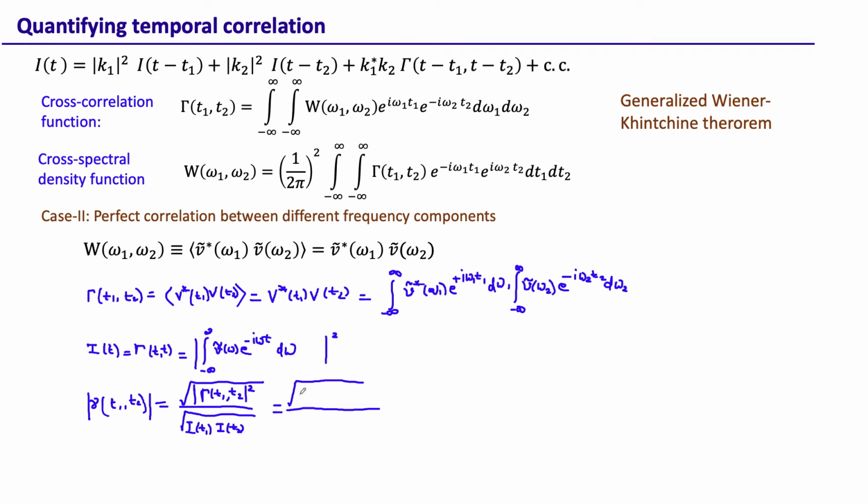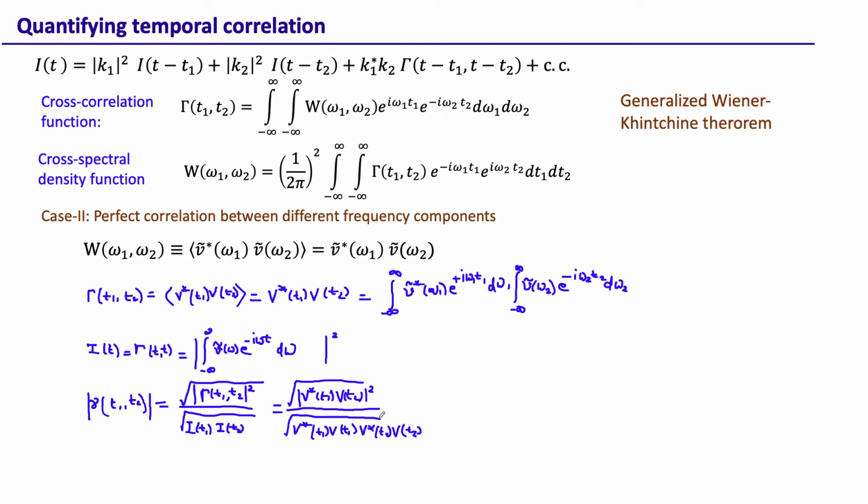Since there is perfect correlation, this is essentially the mod square of V star T1 V T2, divided by V star T1 V T1 V star T2 V T2.